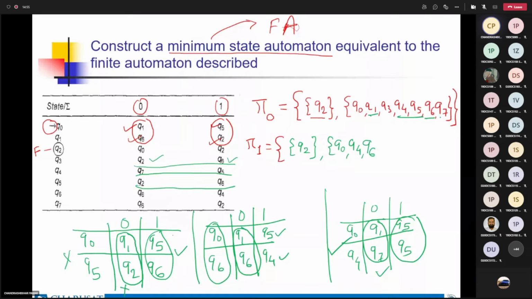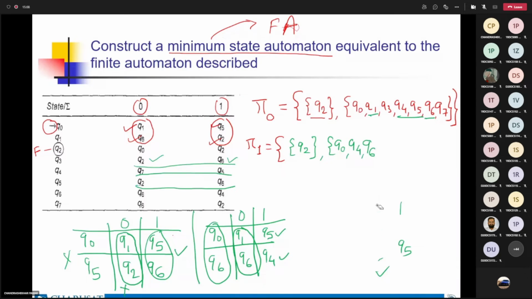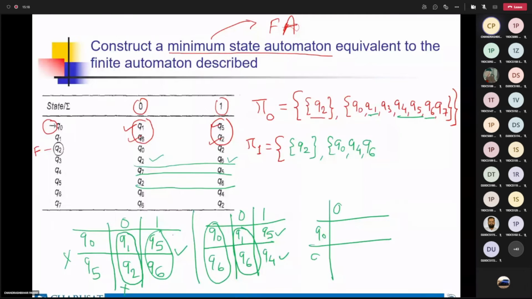Next, last we have to check for Q7. So let's check for Q7 now. So 0, Q0, Q7, 0 and 1.